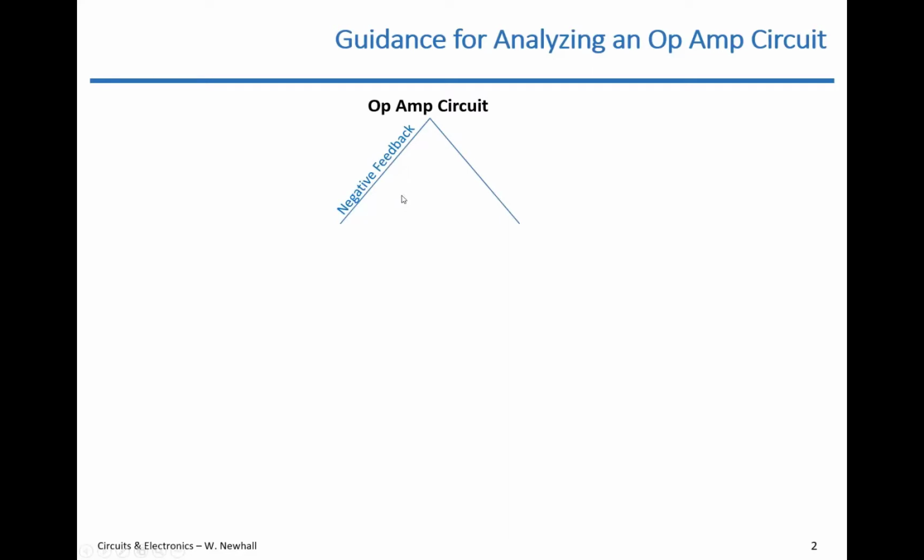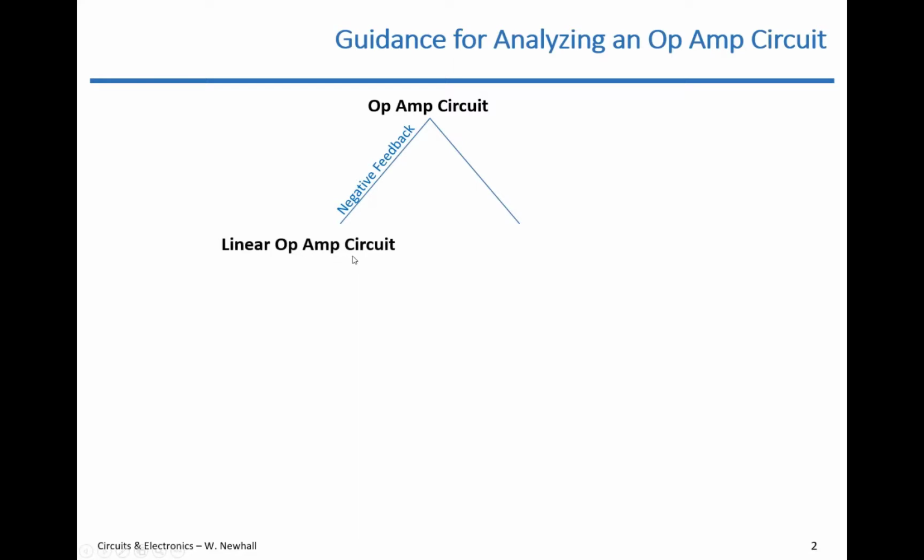Remember, you can identify negative feedback by finding any connection from the output to the inverting input of the op amp that doesn't go through ground or the power supply. It could be a resistor or a set of resistors. If you see some connection between the output and the inverting input, you can assume you have negative feedback.